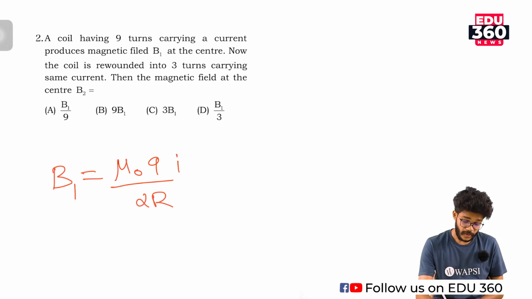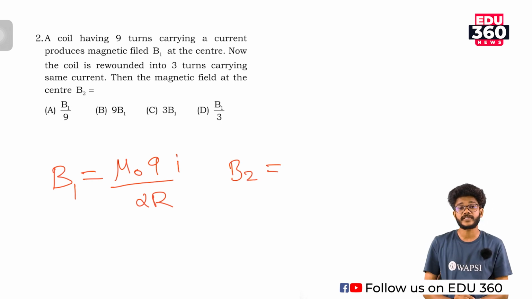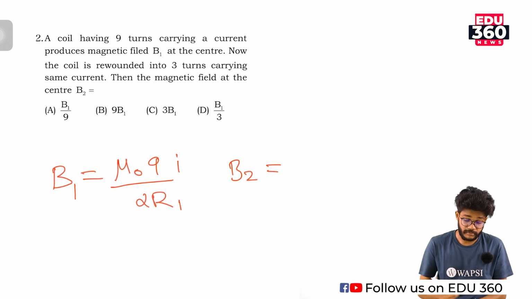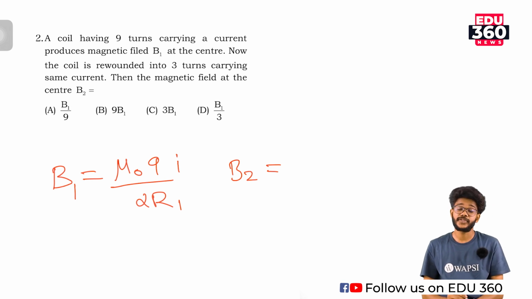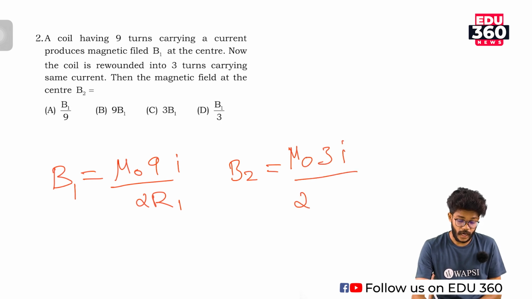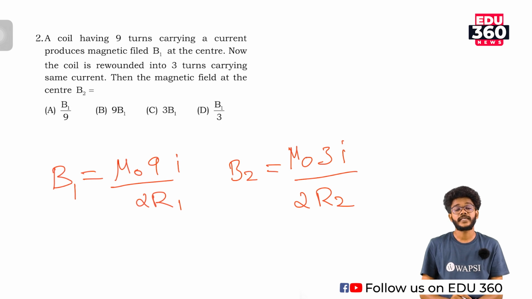For B2, the same wire is rewound. So the radius of the circle will change and n will change. What is the new n? The new n is 3, so B2 is mu 0 3I by 2r2. The first radius is r1 and the second radius is r2.